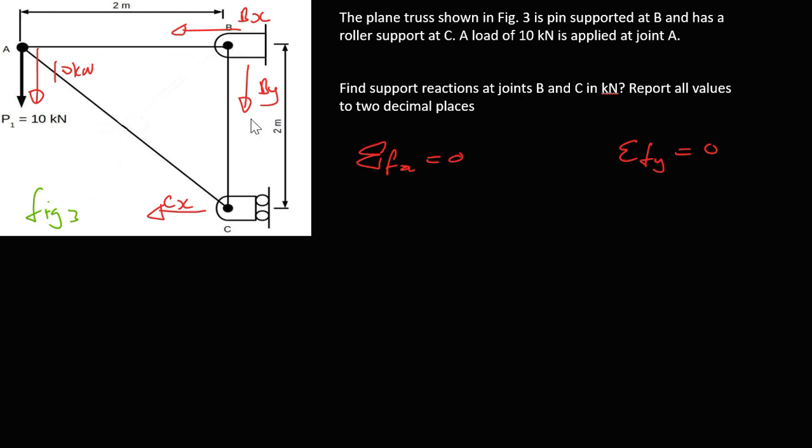It's not accelerating, let me say it like this, because we know that from F net equals ma, your Newton's second law, your acceleration should be 0. If its acceleration is 0, then the force is 0. That means sum of all forces is equal to 0, which is where we are right now.